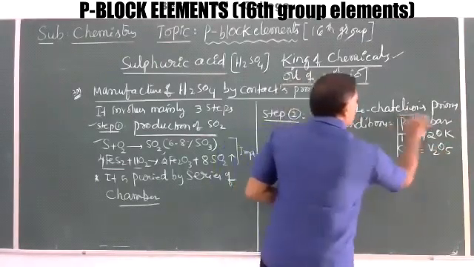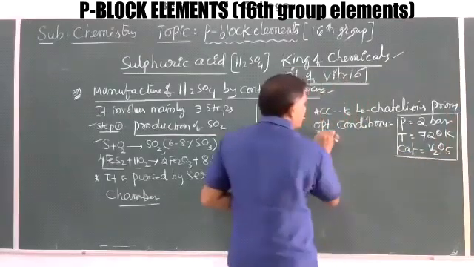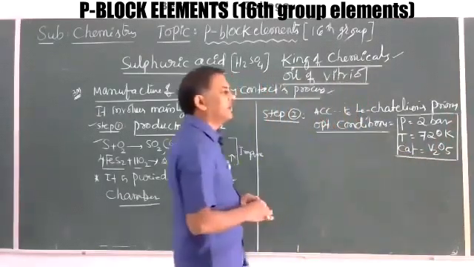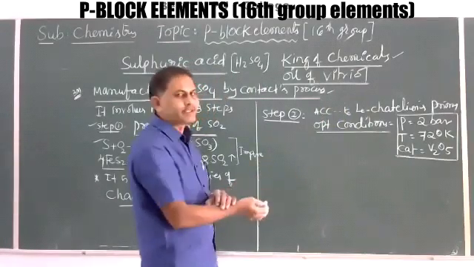These are the important optimum conditions to get a good yield of sulfur trioxide. By using that we will get sulfuric acid.